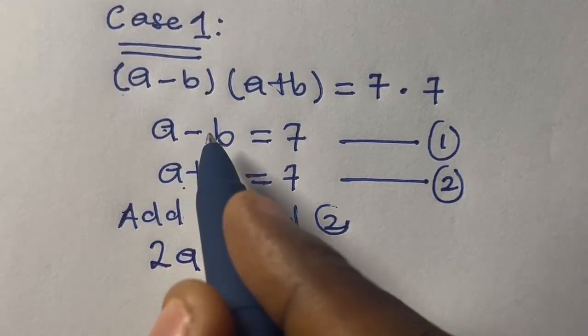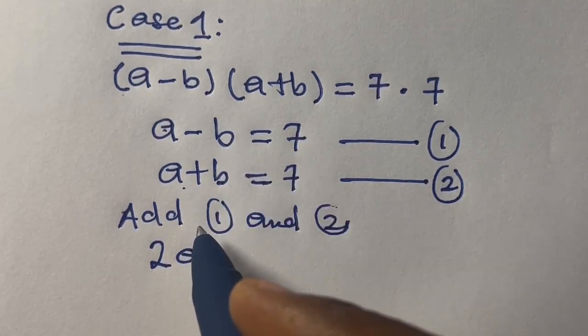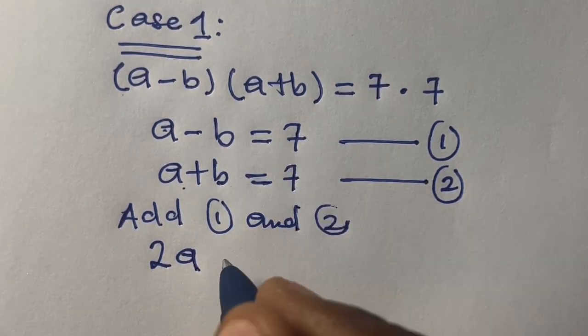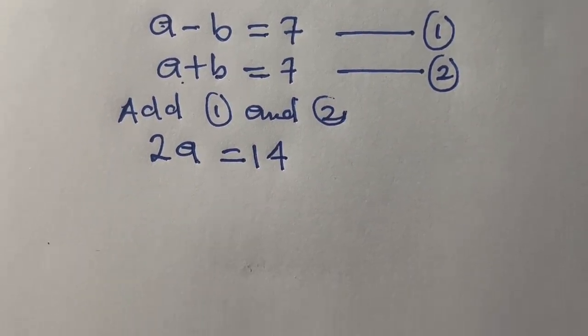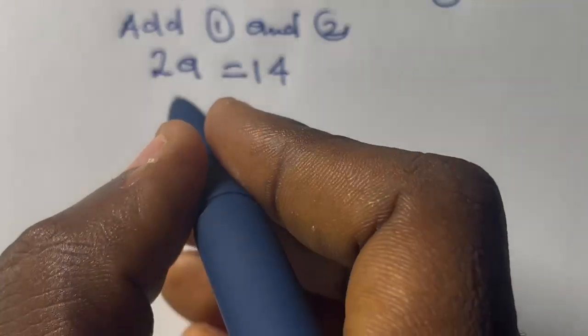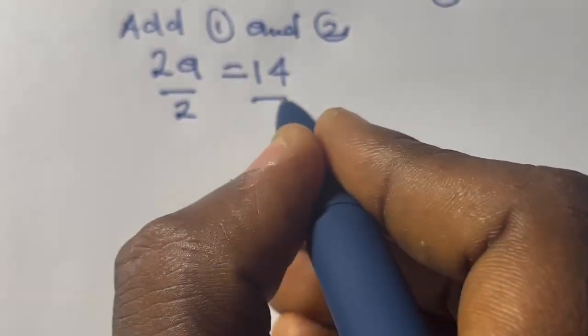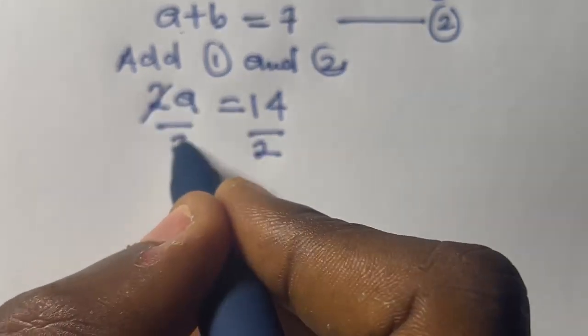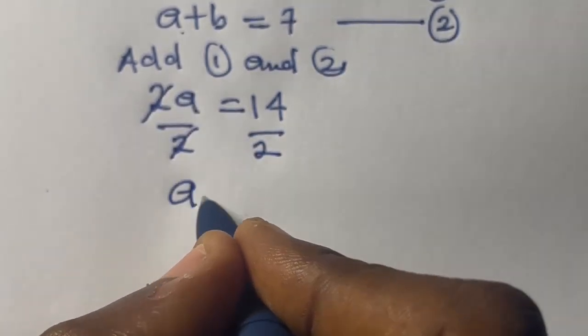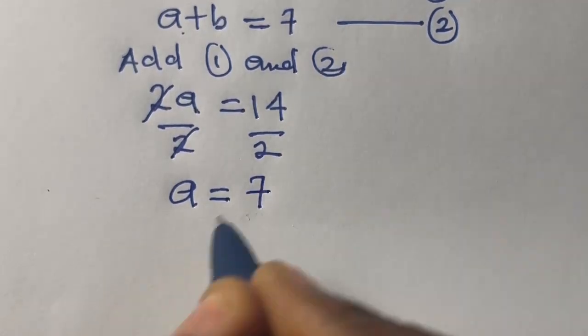Minus b plus b, we cancel it, that's 0. Then we have 7 plus 7, which gives us 14. To obtain a, we divide both sides by 2, and we have a equals 7.